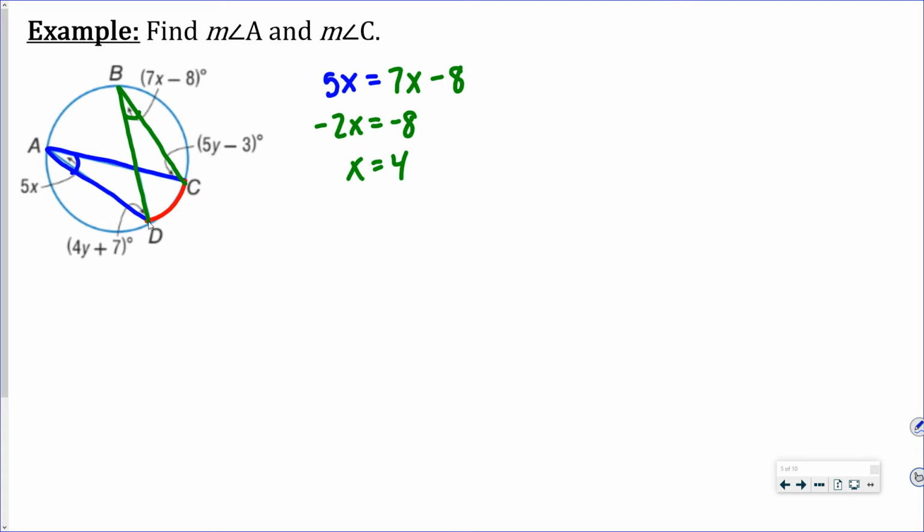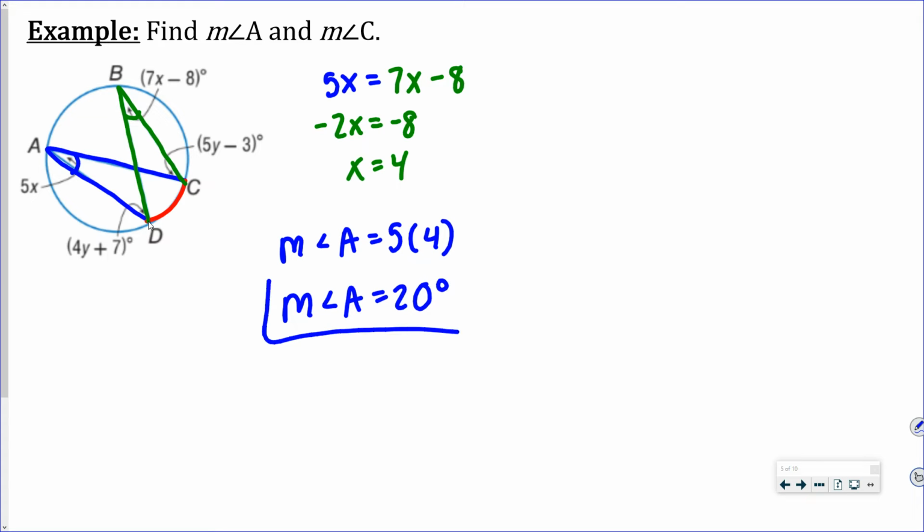X is 4, meaning the measure of angle A is 20 degrees. So what's the measure of angle B? 20 degrees. They're congruent. Don't even have to do any math.